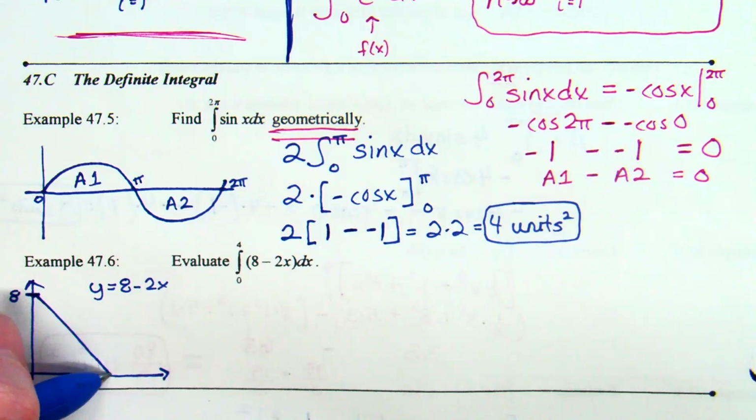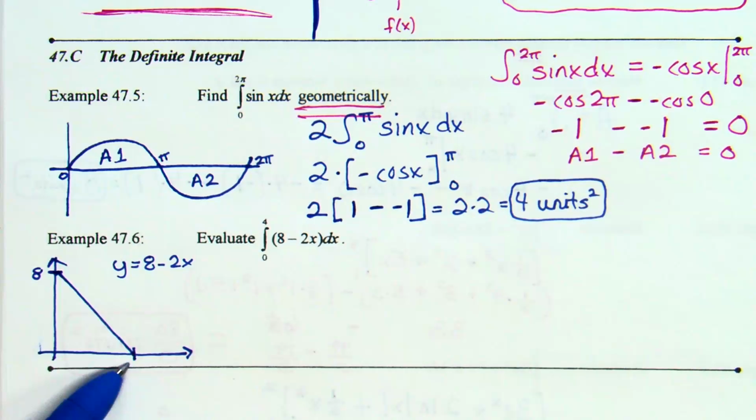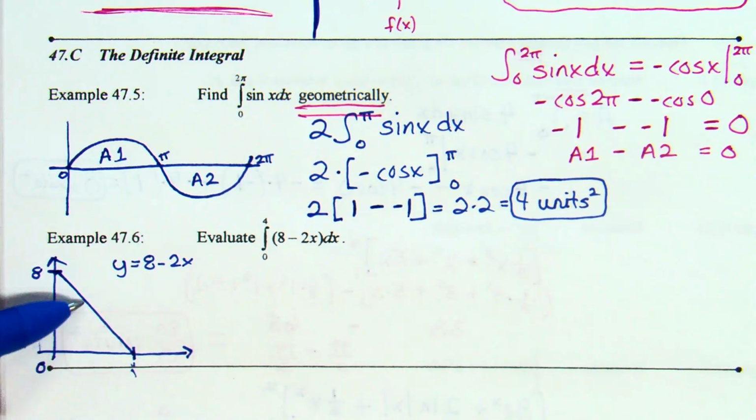And I'm just drawing a line there. Now, where does that intersect right there? If my slope is going down 2 over 1, where is that? 4.